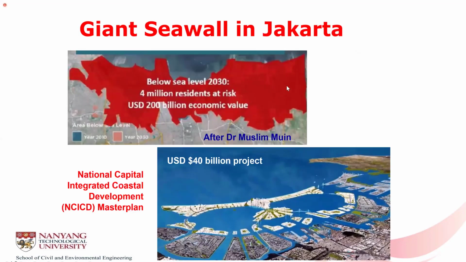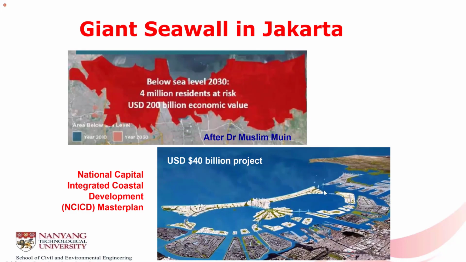This is the prediction of the flooded or inundated area in Jakarta. Jakarta's solution, or Indonesia's solution, is to build a giant seawall as shown over here, and of course, together with land reclamations.